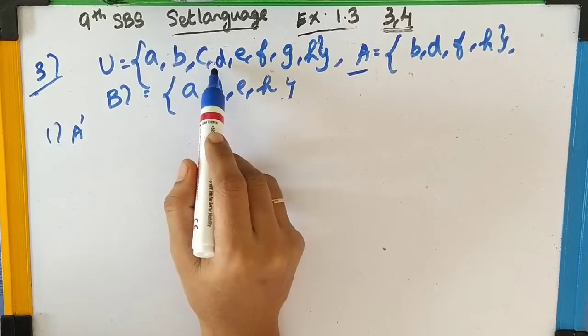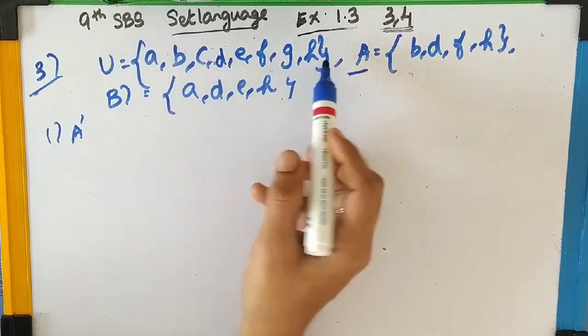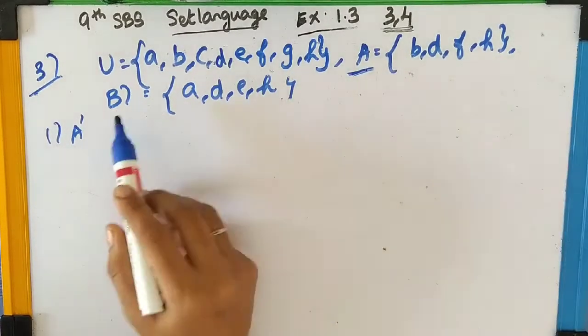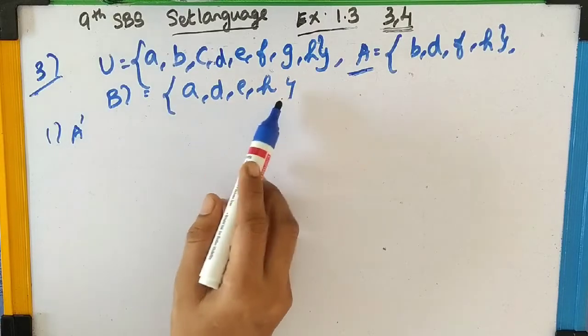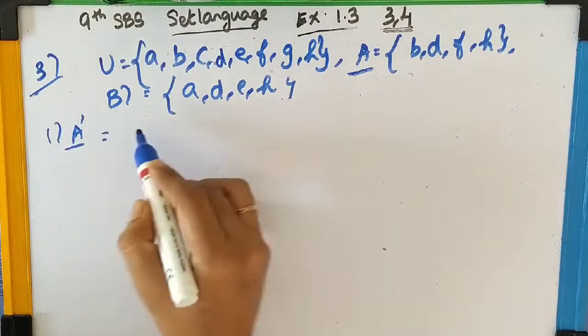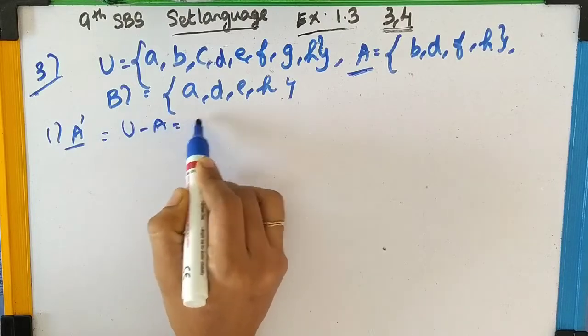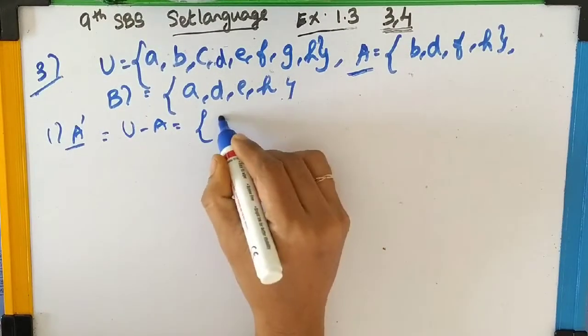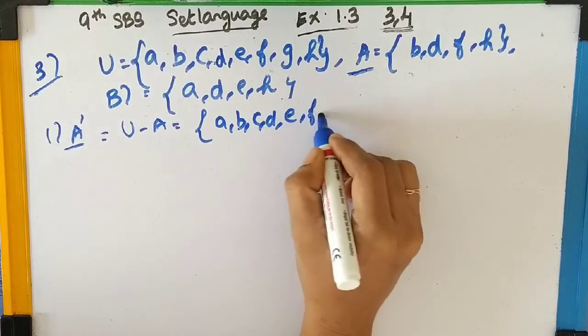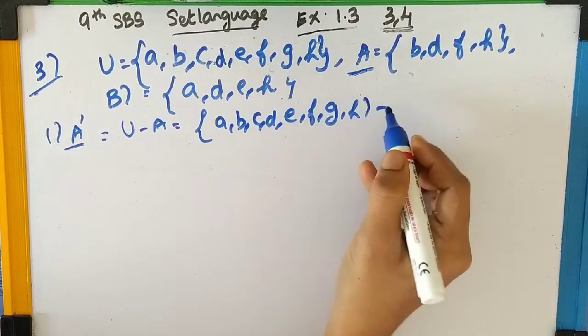Now let's go to the third question. Here the universal set is A, B, C, D, E, F, G, H, and set A is B, D, F, H. Set B is A, D, E, H. Now we have to find A dash. What is A dash? Except A, that is universal set minus A. What is the universal set? A, B, C, D, E, F, G, H. Very good.